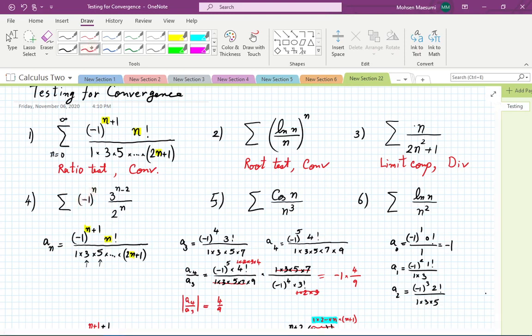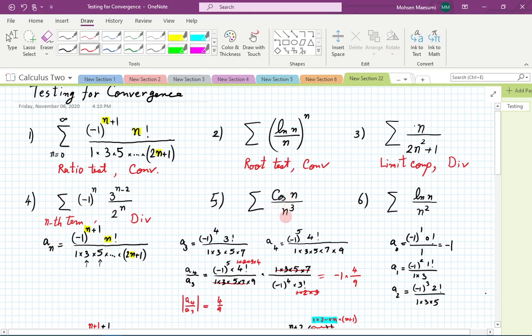So the easiest test to apply is the nth term test. This ratio, (3/2)^n, goes to infinity as opposed to going to 0. So by the nth term test, this thing is going to diverge. Okay, I'll let you fill in the details.